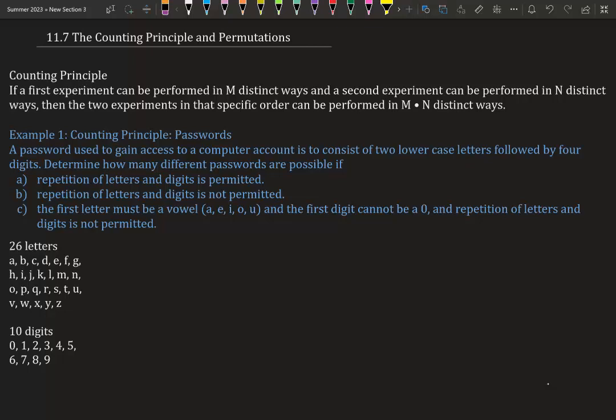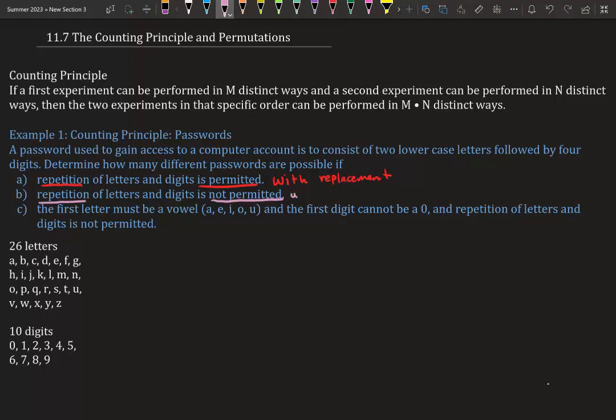So that repetition, that means with and without replacement. Let's get that out of the way now. So repetition is permitted. That means with replacement. Repetition of letters is not permitted.